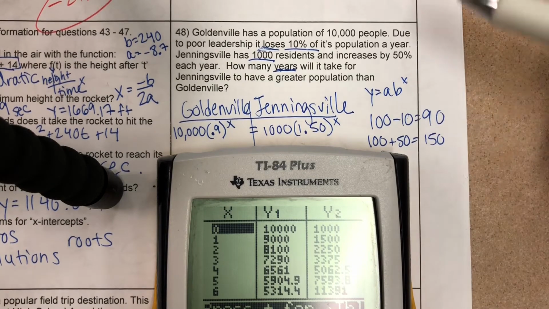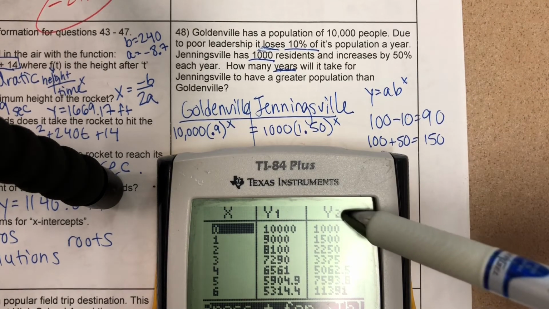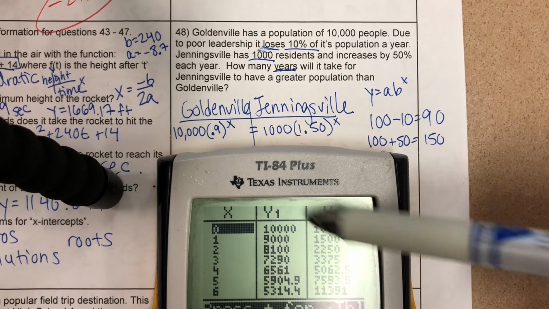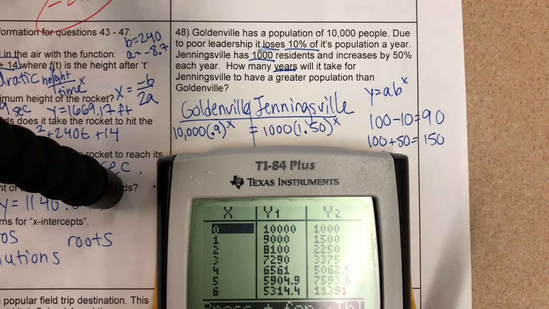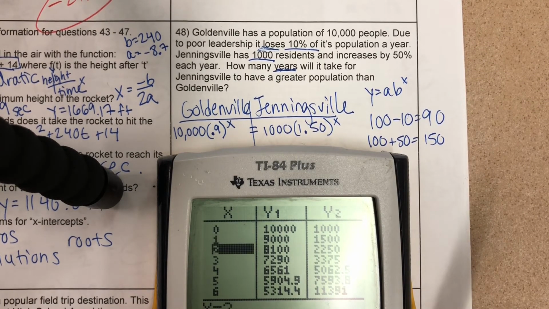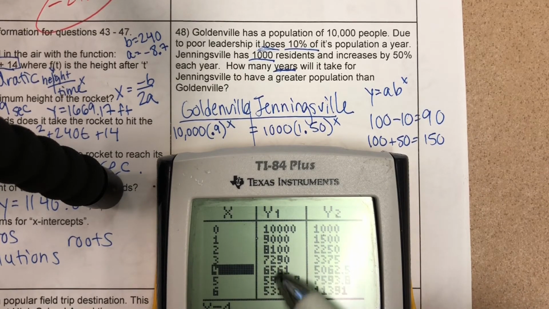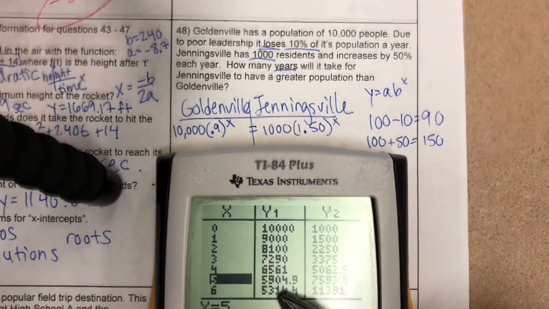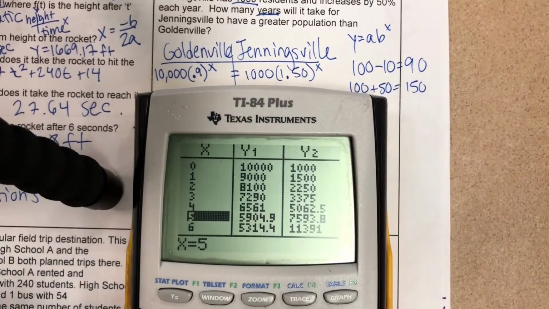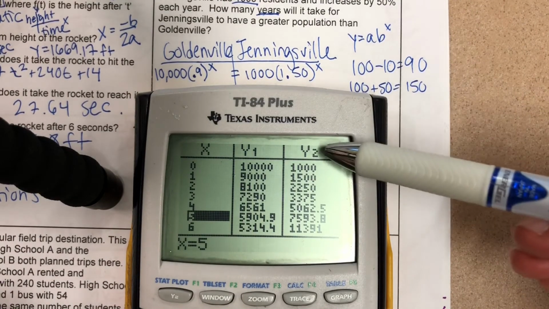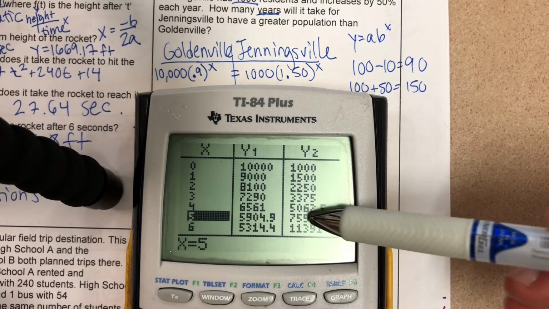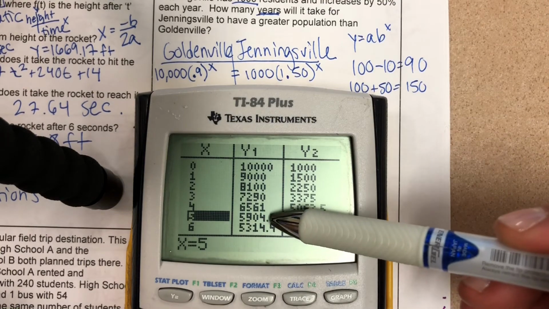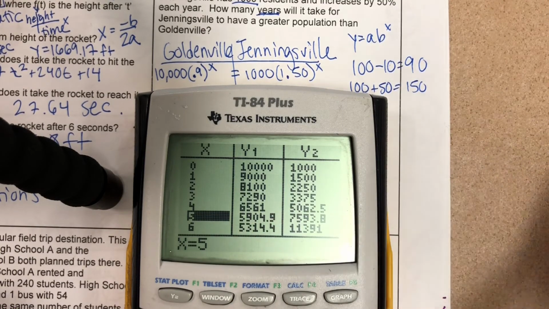Let's go down and figure out at what point y2, Jenningsville, has a number that's bigger than y1, Goldenville. So it's not 1, it's not 2, it's not 3. At number 4, they're getting closer, but y1 is still bigger. And then once we get to x equals 5, so 5 years, you can see that that is the point where Jenningsville has a number, 7593.8, which is bigger than Goldenville, which is 5904.9.